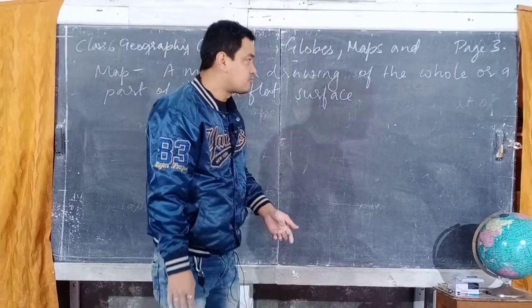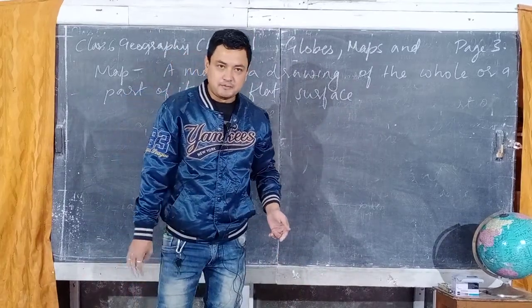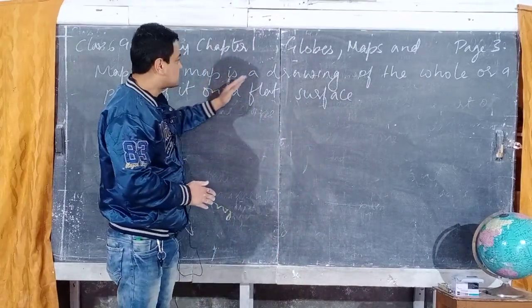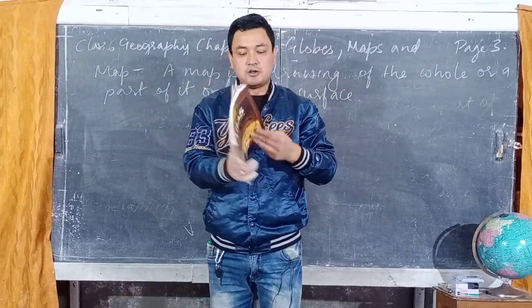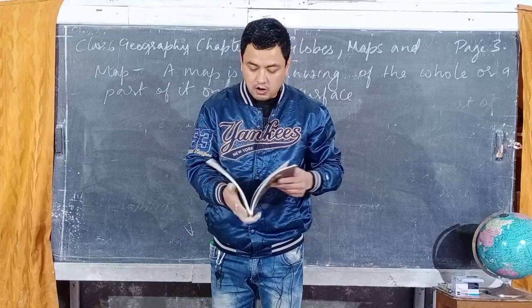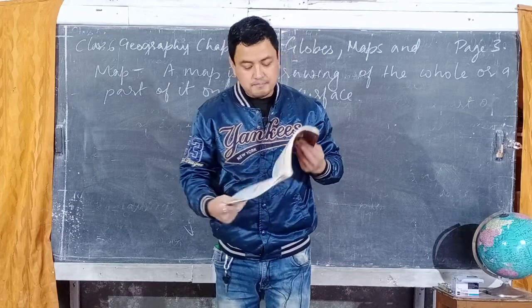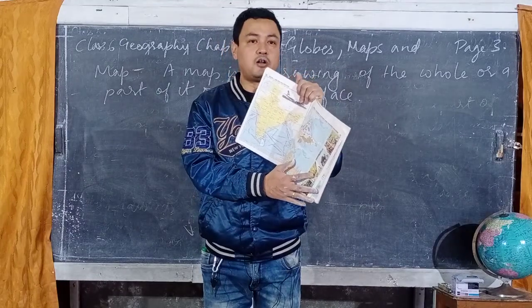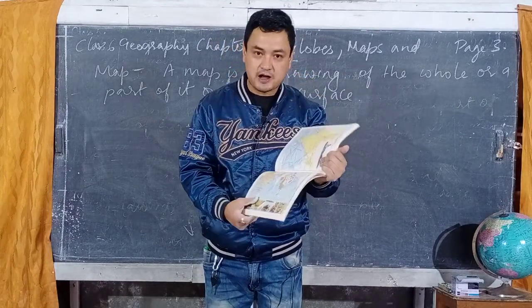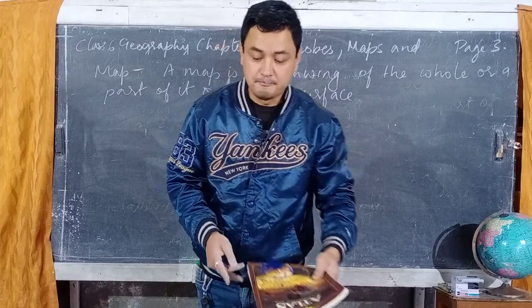So, a map is drawn on flat paper. A map is a drawing of the whole earth, okay? In an atlas, you find the whole map of the world, or you might find the political map of India or Africa, North America, South America, etc. Physical as well as political maps.